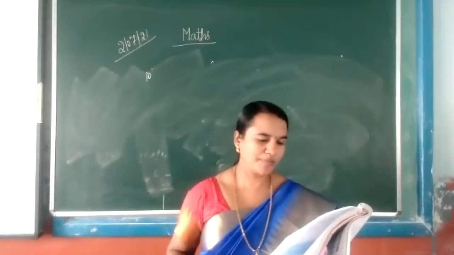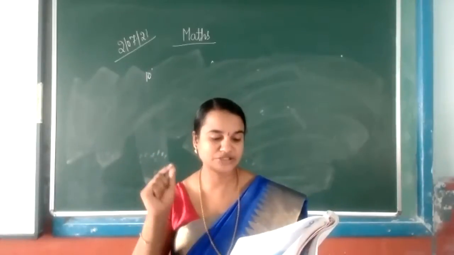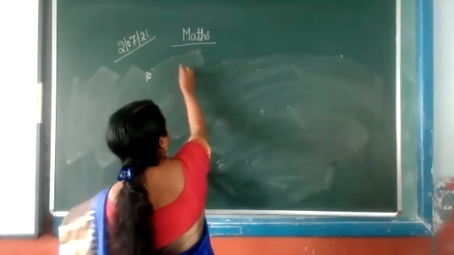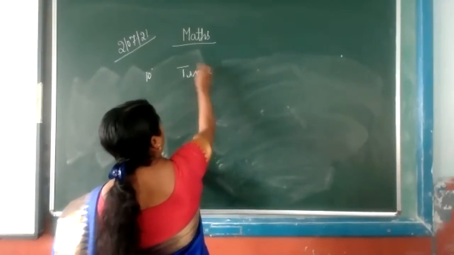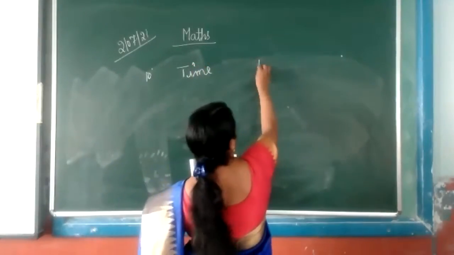Now here, a compositor takes 1 hour 45 minutes to compose 25 pages of a book. So we will take here time and another is pages.